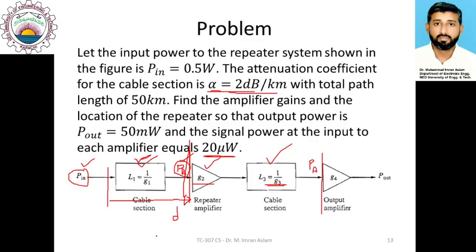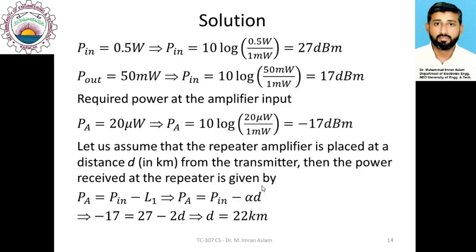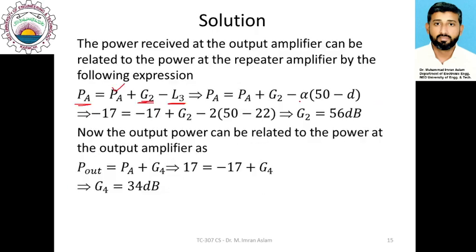And as we know that the overall length is 50 kilometers, because this section is d kilometers long, the other section would be 50 minus d kilometers long. So the length of the cable in the second section is 50 minus d. Therefore the total loss will be alpha into 50 minus d.